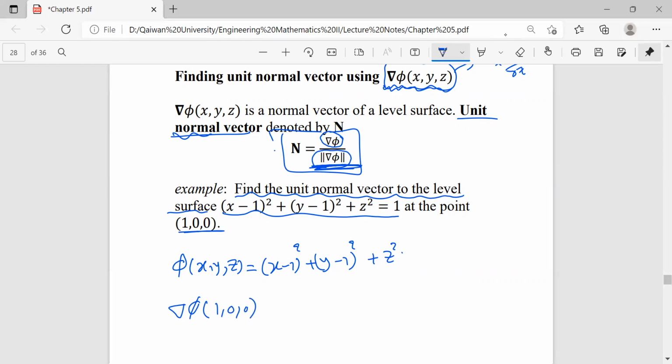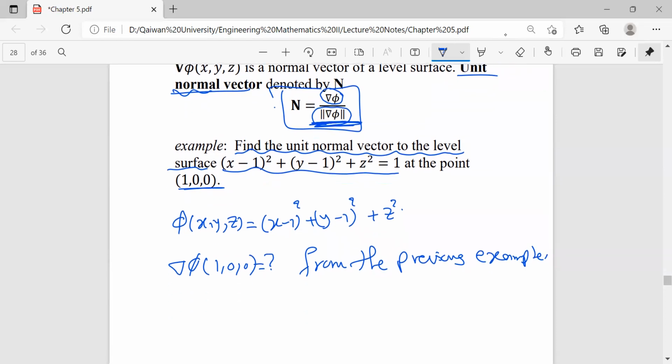We should find this first, from the previous example. Just a moment, we will do it.